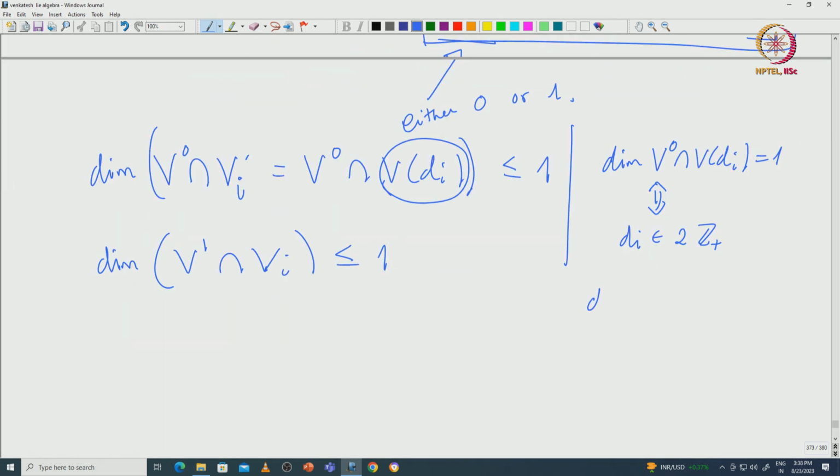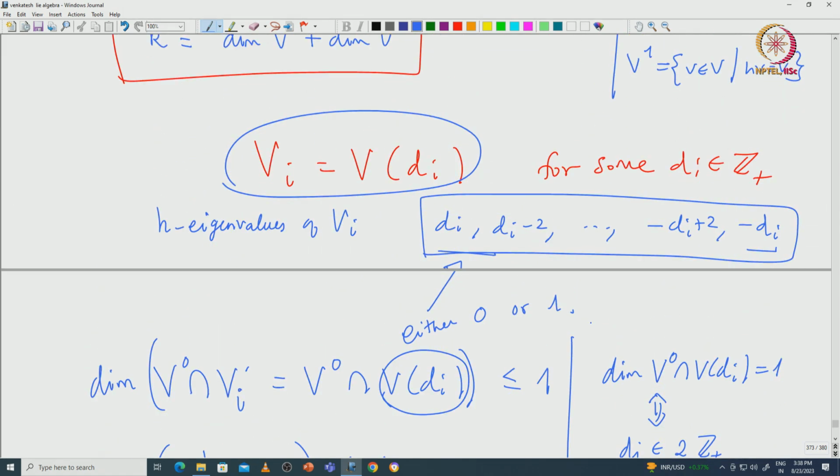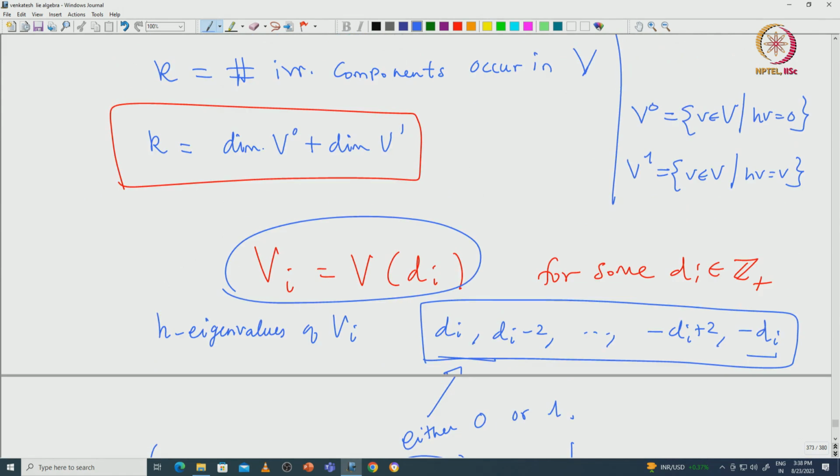Similarly, V 1 intersection V d i is 1 if and only if d i must be odd. Okay. So, that proves that if you are interested in counting the number of these V i's, you need to count only the dimension of V naught and the dimension of V 1. Okay. So, put together you get the number of irreducible components.